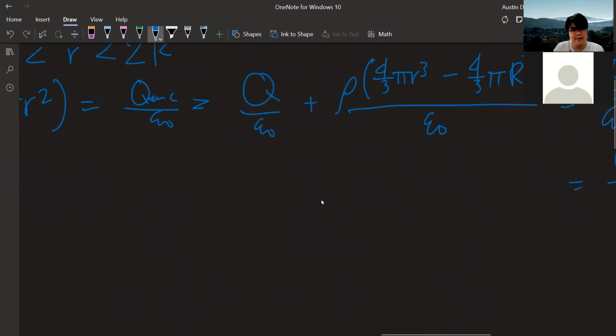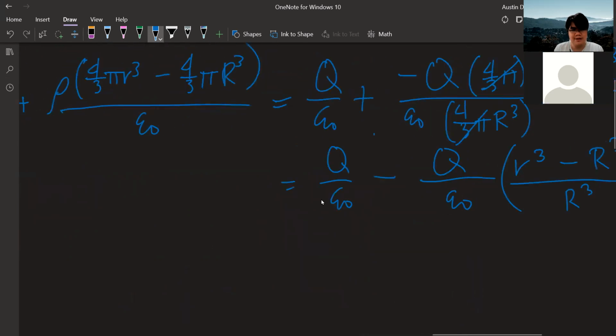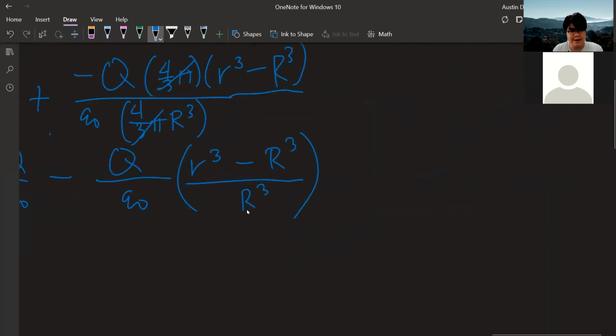Okay, and this is equal to, this is not yet the final answer, right? E times 4 pi r squared. So don't forget the left-hand side.